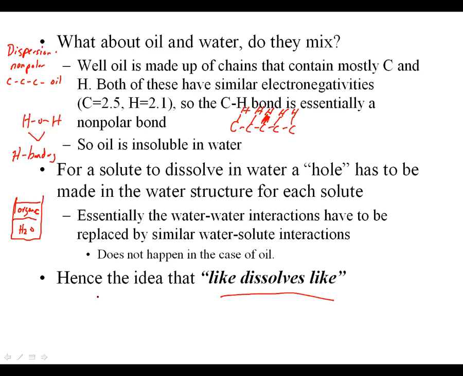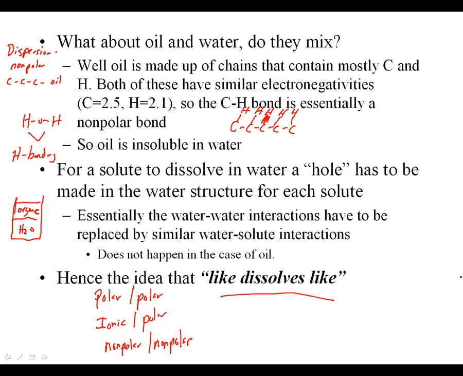So if you have something that is polar, that interacts with something polar, it's all good. They both are going to use dipole-dipole interactions. If you have something that is ionic, interacting with something that's polar, they also will do some type of dipole-dipole interaction, so they're all good. If you have something that is nonpolar, that interacts with something nonpolar, they also will be good because they both will be using dispersion forces.